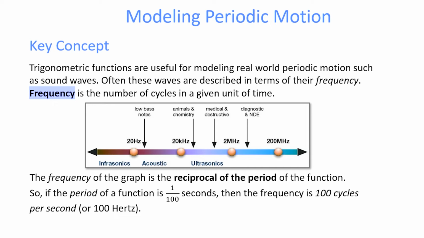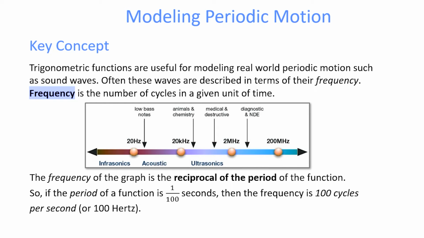Trigonometric functions are useful for modelling real-world periodic motion, such as sound waves. Often these waves are described in terms of their frequency. Frequency is the number of cycles in a given unit of time. The frequency of the graph is the reciprocal of the period of the function. So if the period of a function is 1 over 100 seconds, then the frequency is 100 cycles per second, or 100 hertz.